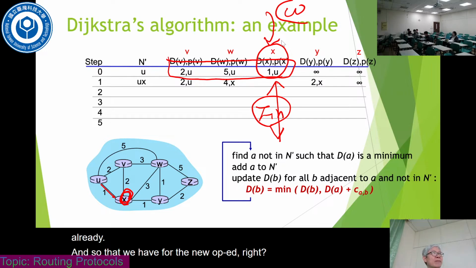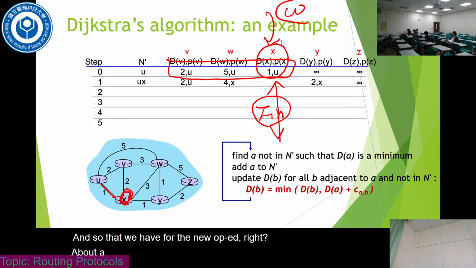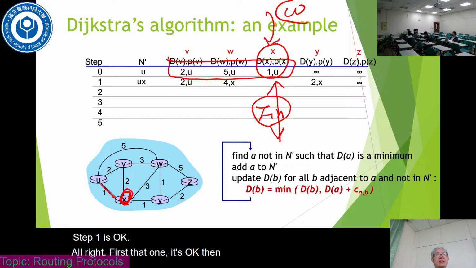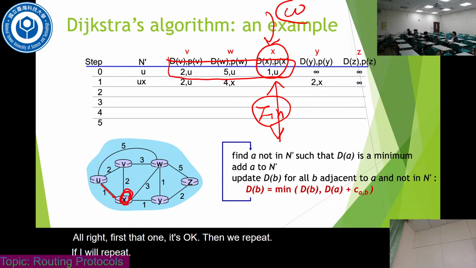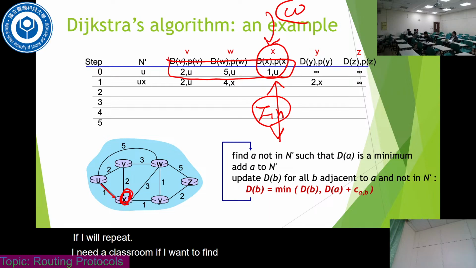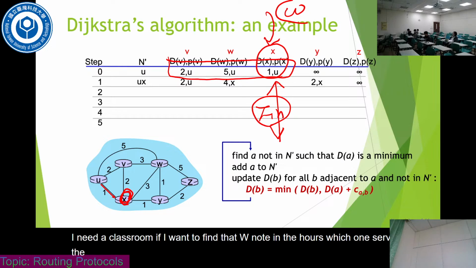About the current step, maybe I keep the page here. Step 1 is okay. All right, if step 1 is okay, then we repeat. If we repeat, students in the classroom, if I want to find the W node in the algorithm, which one serves the next W node?